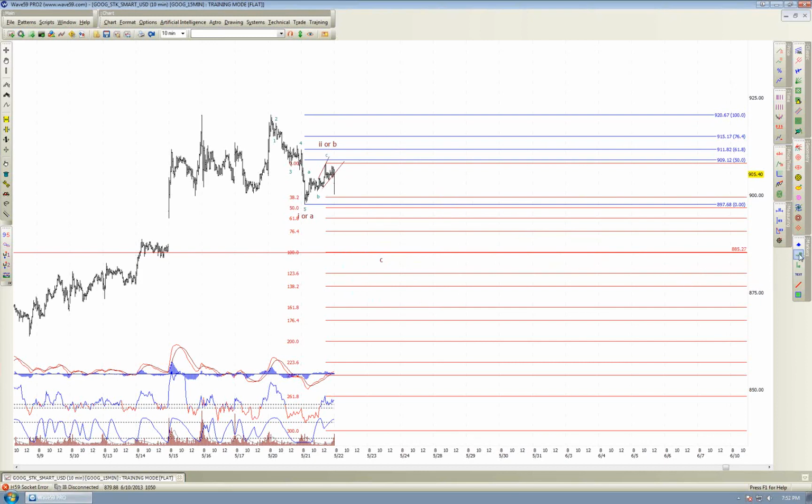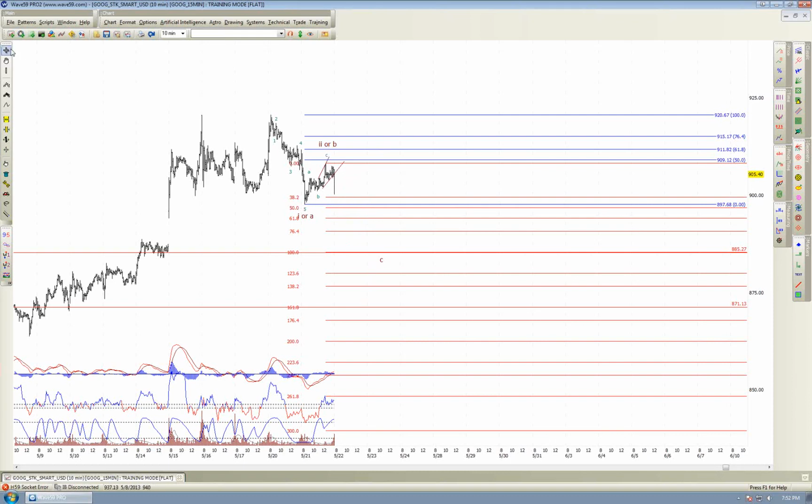However, if it's a third wave, then we could be extending all the way down to the 1.618, which is going to be the most common target for a wave 3. So to help us kind of determine which one is at play here, we can watch these fibs that are closer by to signal if maybe we're getting a wave 1 and 2 of what would be a third wave, and whether it would be more proportional for that wave 1 and 2 to reach the 1.0 or the 1.618.